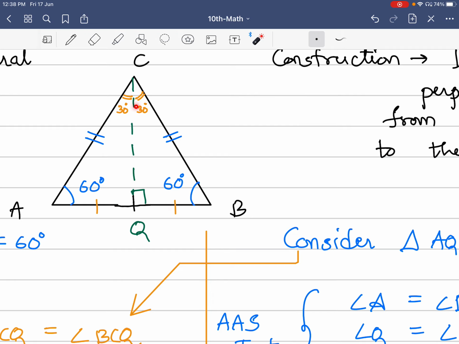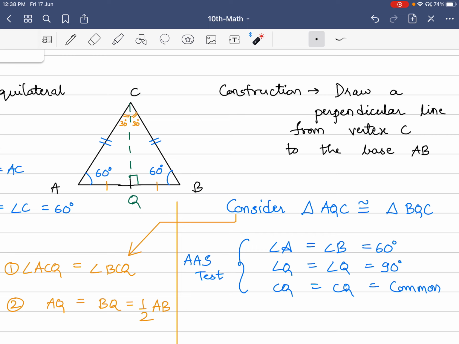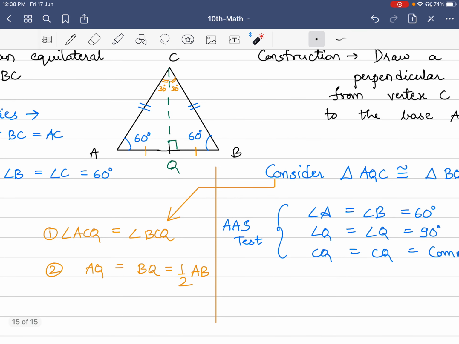So CQ, which we constructed as a perpendicular line from vertex C, has acted as an angle bisector at angle C, and it has also become a perpendicular bisector for side AB. We get these two important conclusions: angle ACQ is equal to angle BCQ, which are now 30 degrees, and AQ is equal to BQ, which is equal to half of AB.